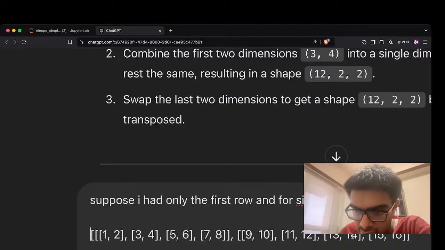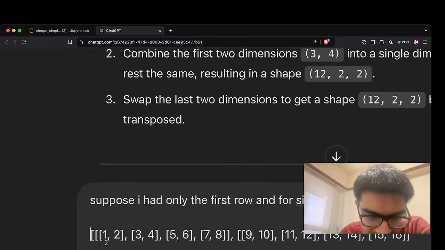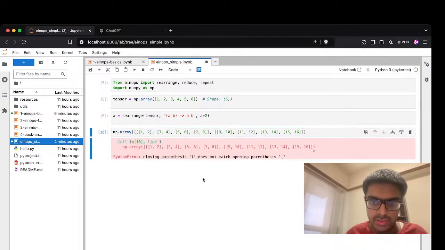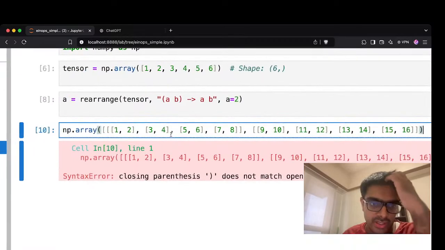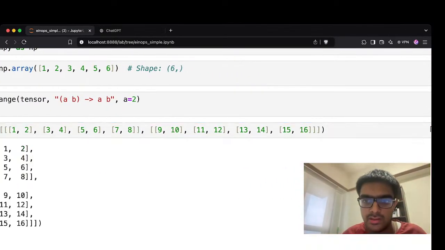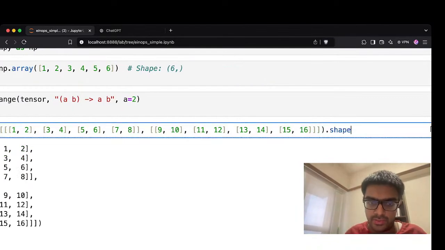No, these brackets match. This put a numpy array over here. Yeah, these brackets don't match. This is 1 2. Okay, the last one doesn't match. I see. Wait. Okay, dot shape.